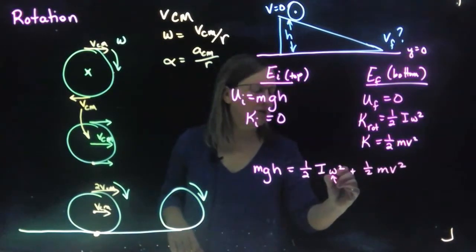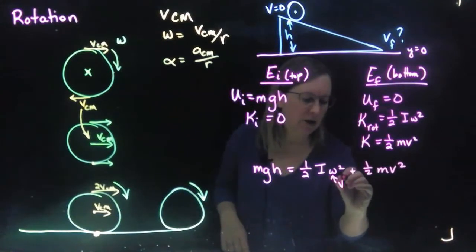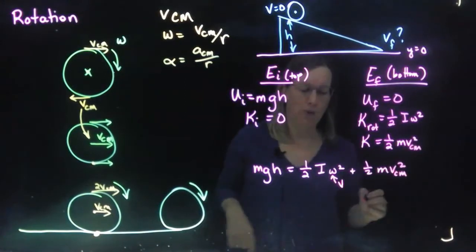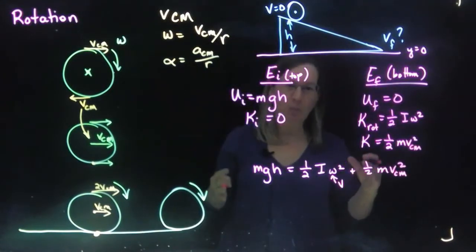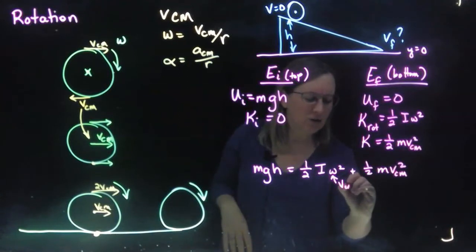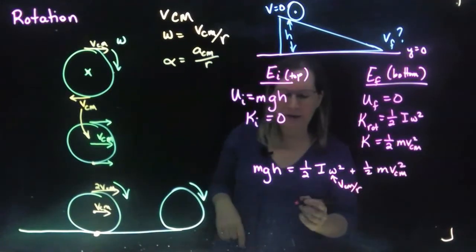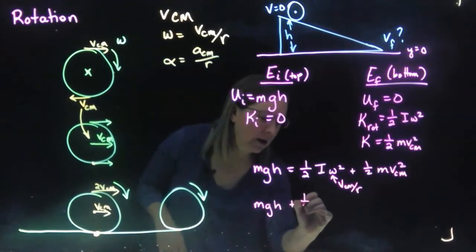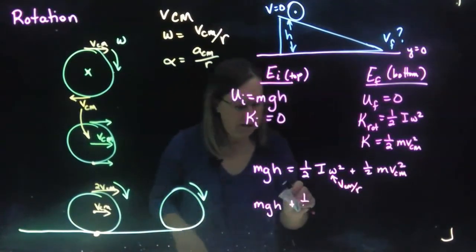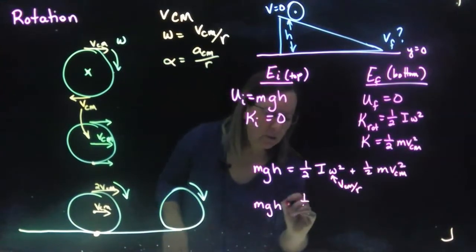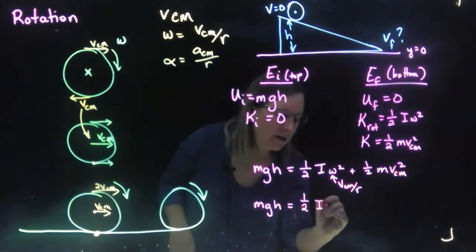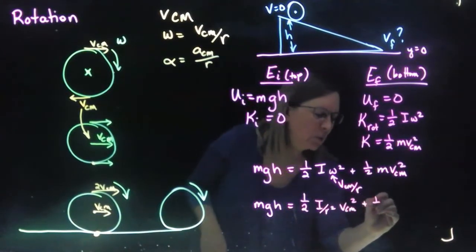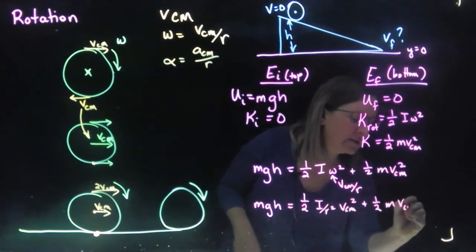In place of omega, we can put V, really V center of mass, because that's the center of mass of the object and all parts of it are moving at different speeds, V center of mass over the radius. So mgh is equal to 1/2 I over r squared V center of mass squared plus 1/2 m V center of mass squared.